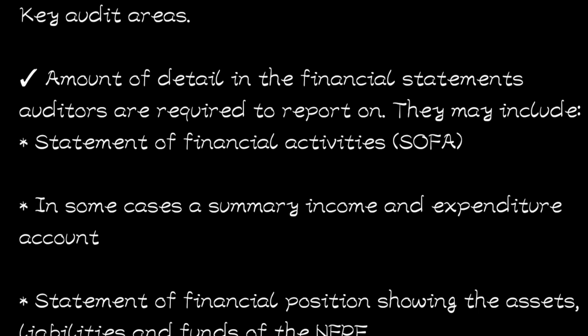Then in some cases, a summary of income and expenditure account. That account is prepared for only not-for-profit entities. It shows their income and their expenditure, and whether it's a deficit or a surplus.